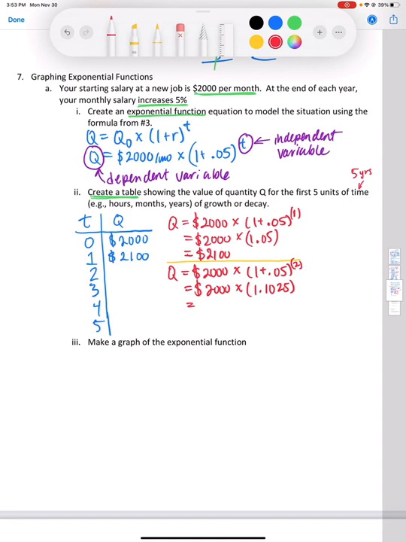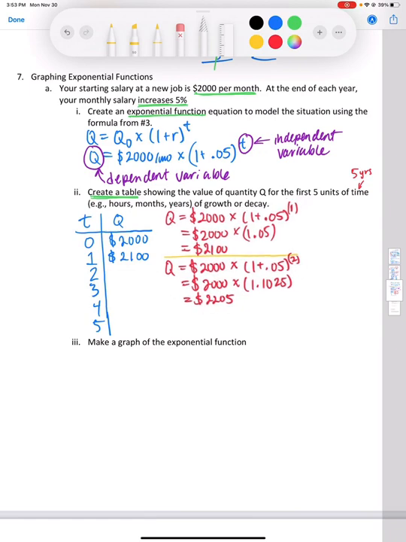And that's equal to 2,205. Move this down just a tad, so we make room for one more calculation.